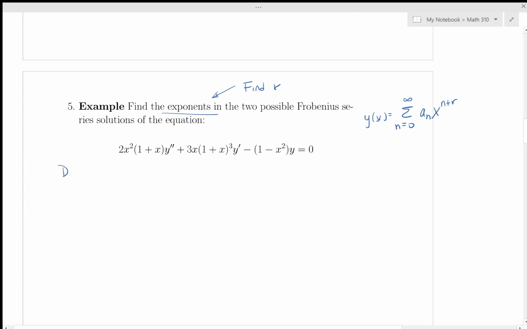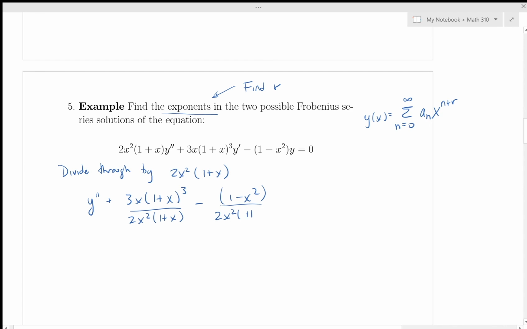Step 1, I'm going to divide through by 2x squared times (1 plus x). That will give me the equation in this format: y double prime plus 3x (1 plus x) cubed divided by 2x squared (1 plus x) y prime minus (1 minus x squared) divided by 2x squared (1 plus x) y equals 0.